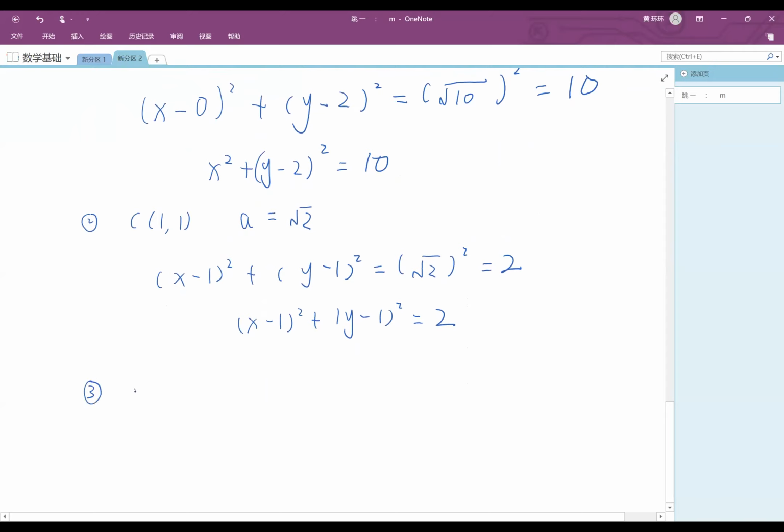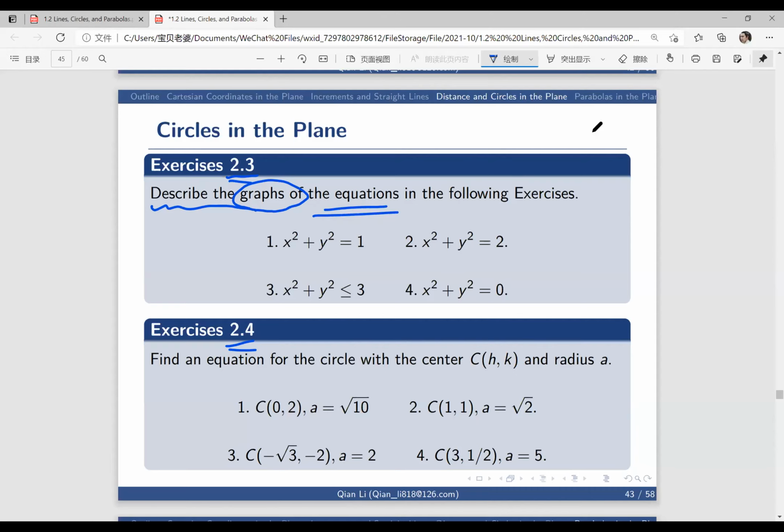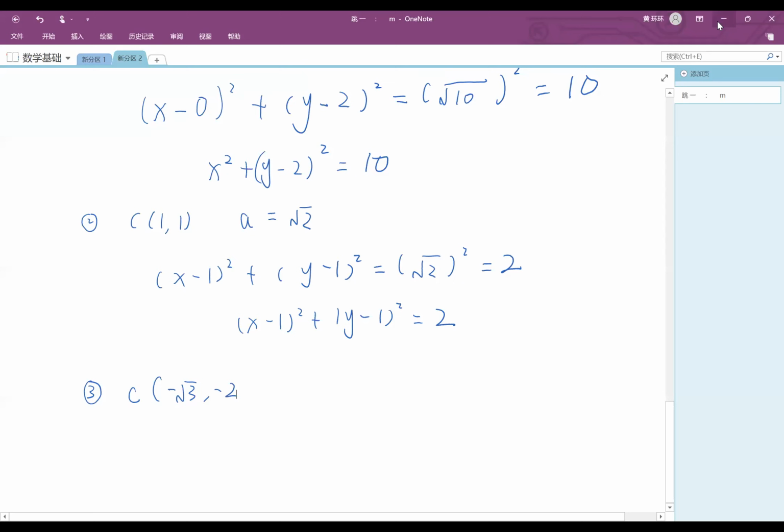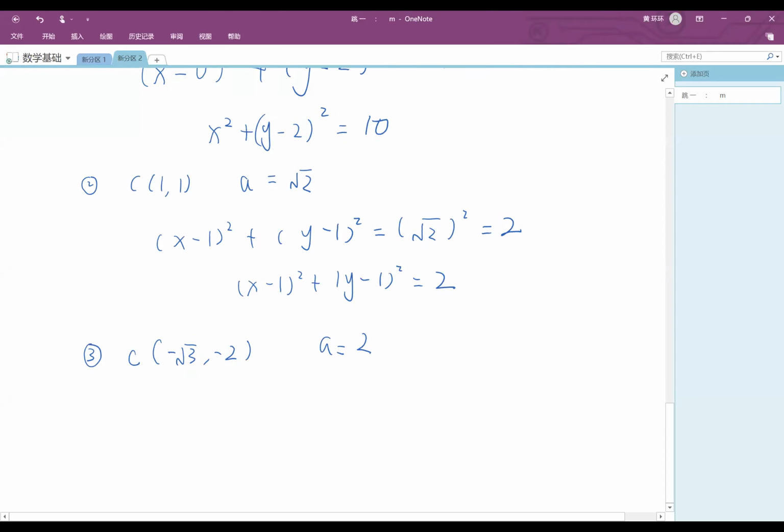The third one: C is equal to (minus square root of 3, minus 2), right? And a is equal to 2.